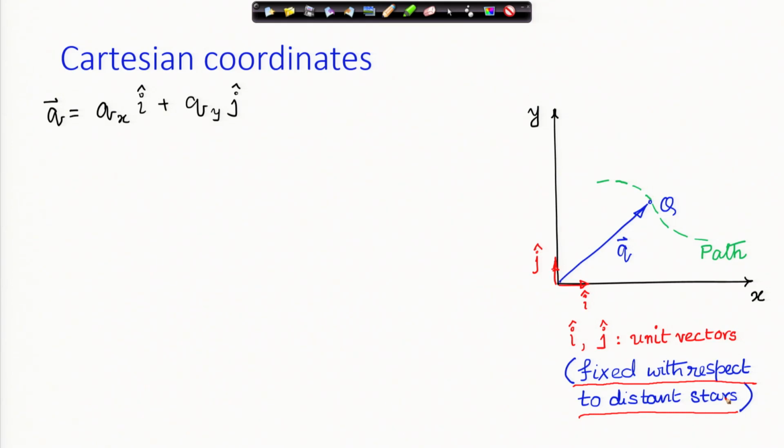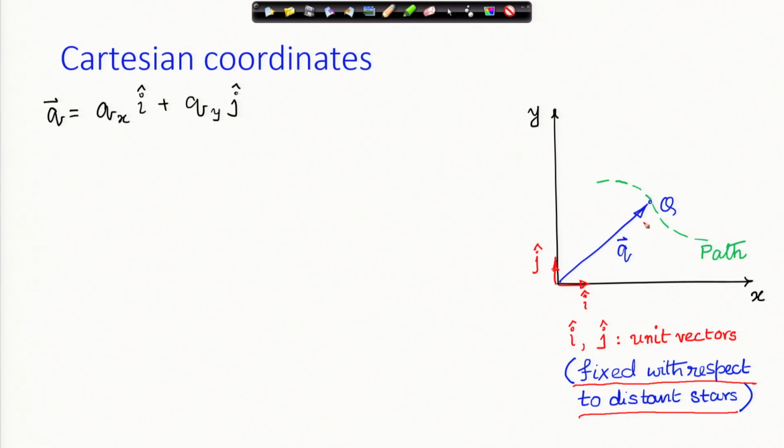Okay, so this defines a Cartesian coordinate frame. This i cap and j cap are unit vectors. This actually defines the frame, and we represent every vector here in terms of this i cap and j cap. So, they are unit basis vectors along x and y directions.